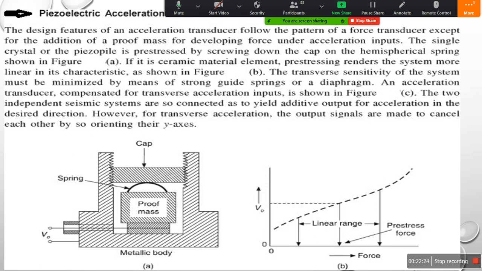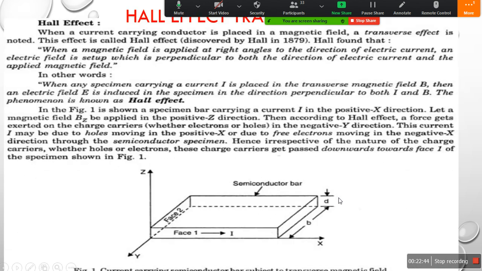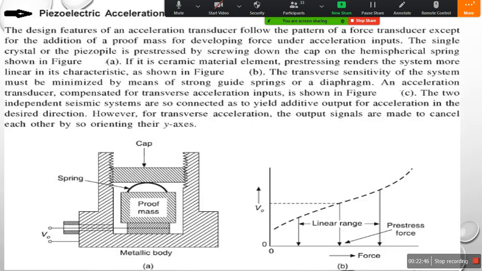It is nothing but to make a displacement, to make just a movement, you will be using these piezoelectric acceleration transducers. However, for transverse acceleration, the output signals are made to cancel each other by orienting their y-axis. So what happens here, in the diagram or in the characteristics, if you can see, more pressure is applied here, and continuously the voltage is increasing.